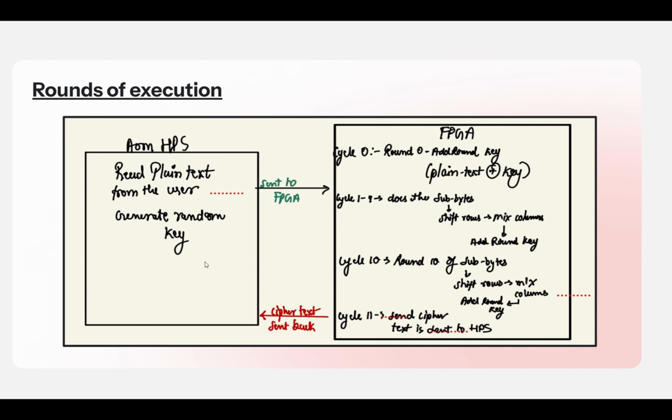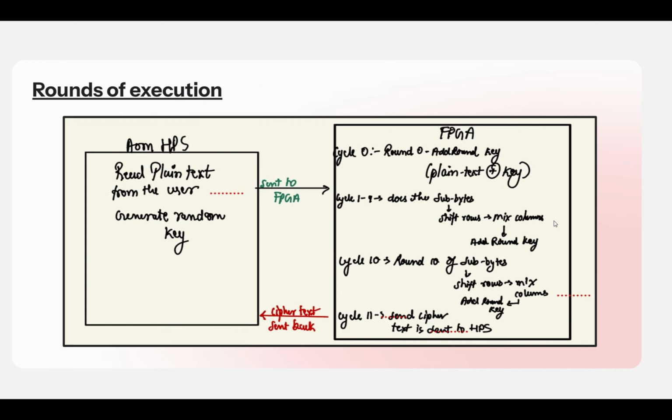The rounds of execution: as I said, it has four core functionalities, and based on that we have 12 steps or rounds. The first round is XORing the plain text with the key. Then we have cycles 1 to 10, which do the encryption process.